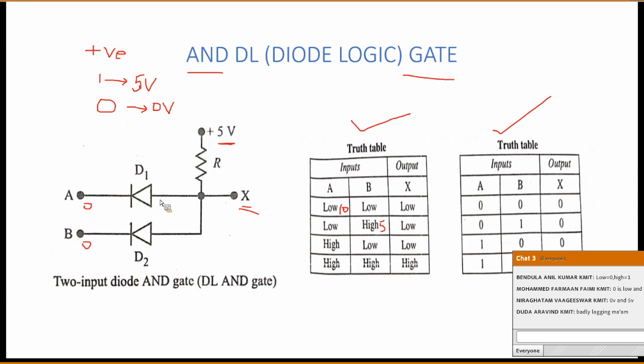The anode is given 5 volts and the cathode is given 0 volts. What happens to the diodes? They are forward biased. So if the two diodes are conducting, the current direction will be through the diodes. So the output will be what? The total voltage drop will be across the diodes. So the output will be low.